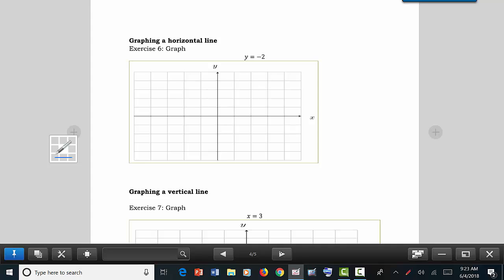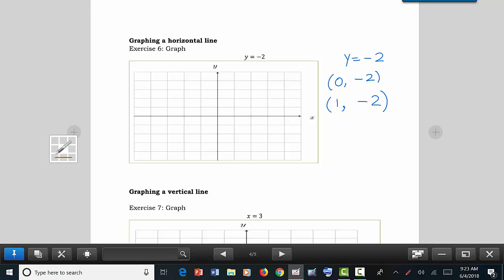Now, in this kind of equation, where we don't see the slope, we can go with a different idea. So here, let me go with a different idea. y equals negative 2. We don't have any information for the x, so we can choose any value of x. So let me choose 0. Value of y is always negative 2. I can choose x is 1. Value for y is always negative 2.